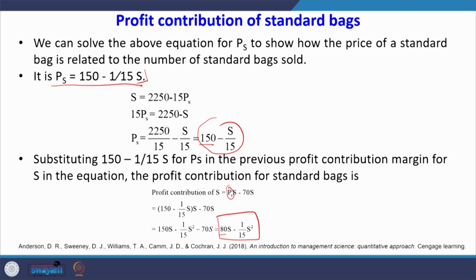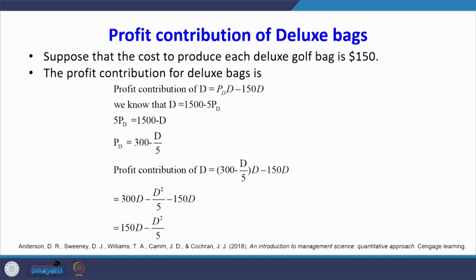Similarly, we can find the profit contribution for the deluxe bags. Suppose the cost to produce each deluxe golf bag is, say, $150. Profit contribution is revenue minus cost. The revenue is price multiplied by quantity sold or demanded, minus the cost of the product.